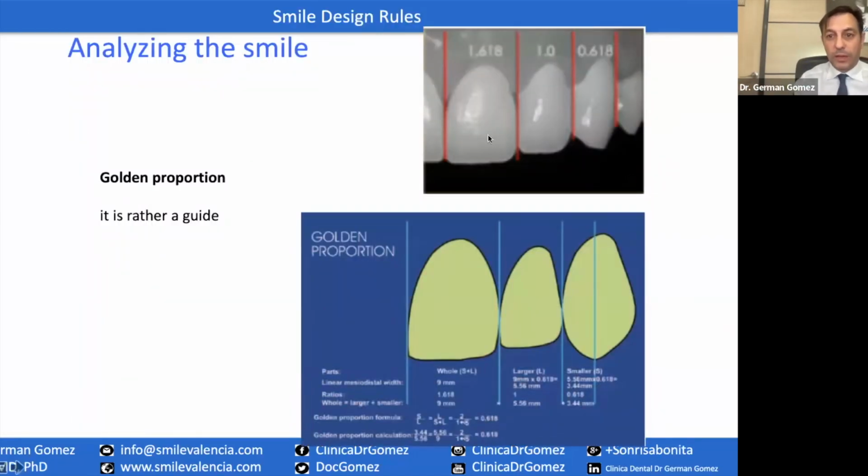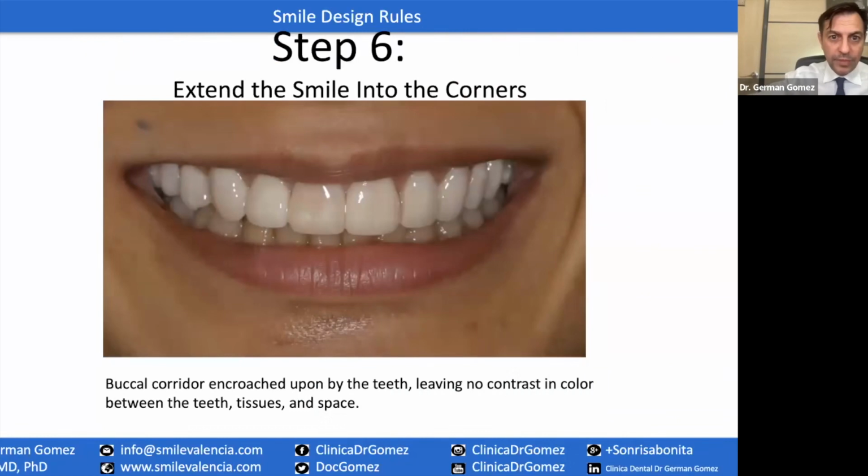Then we need to see if there is a golden proportion possible, which only goes until the canine, because if we follow the golden proportion more than the canine, it's a disaster, by the way. Then you need to extend the smile to the corners. So from the canine to the corners, we have to fill it up.